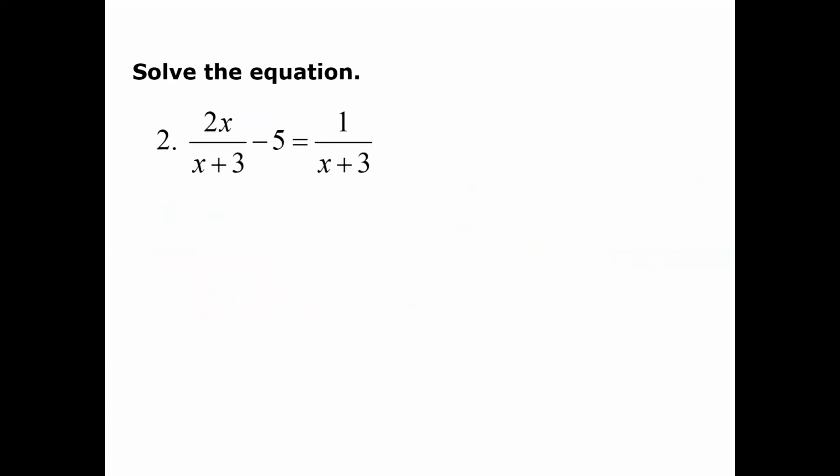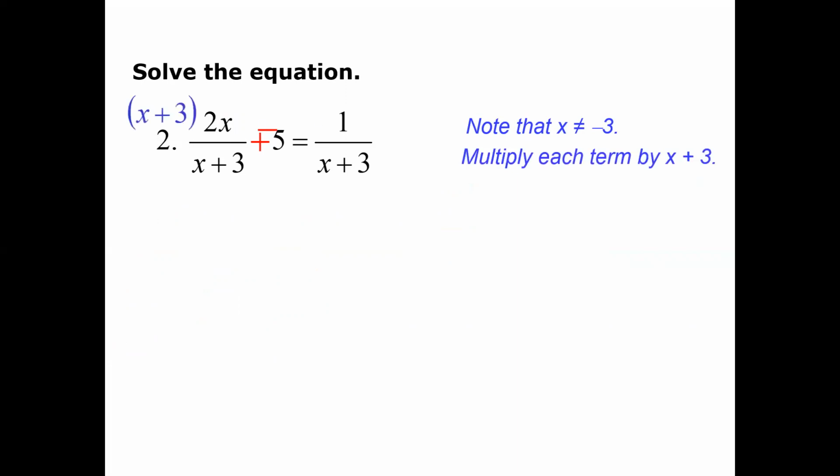Second example, 2x all over x plus 3 minus 5 equals 1 all over x plus 3. So this time, x should not be equal to negative 3. So we multiply it by the LCD, which is x plus 3. It will result to 2x minus 5 times x, 5x, minus 5 times positive 3, minus 15, which is equal to 1.